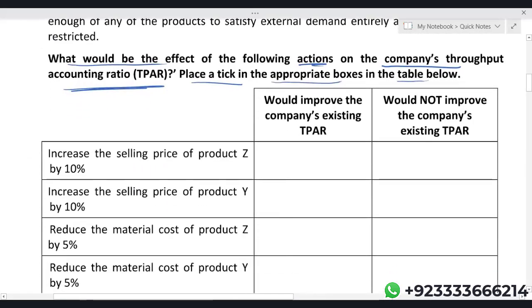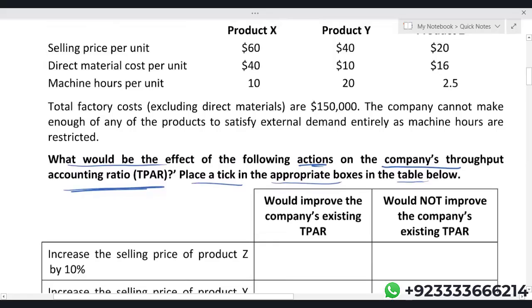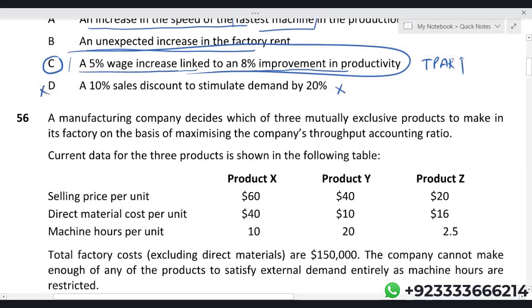Before simply applying these changes and checking the impact on throughput accounting ratio, let's first read the data. A manufacturing company decides which of the 3 mutually exclusive products to make. Students, we have already discussed this concept. Mutually exclusive means rule of OR.